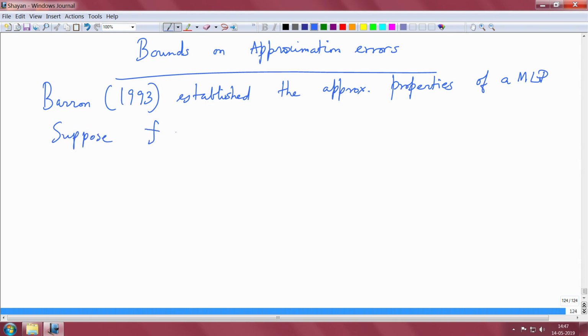Suppose f is the function representing the data points, right. This is basically the true function.